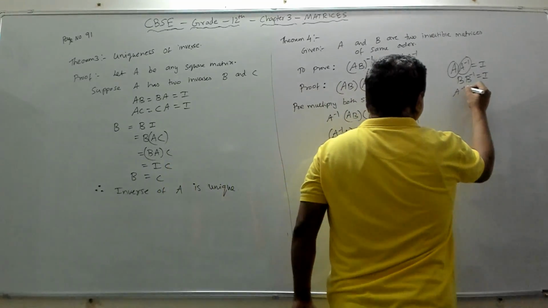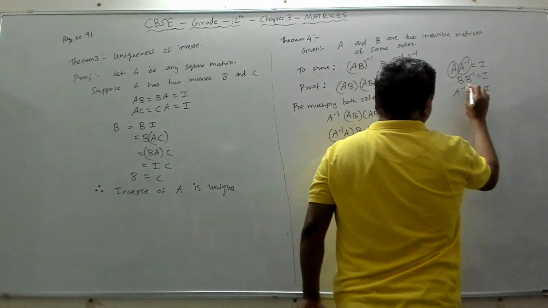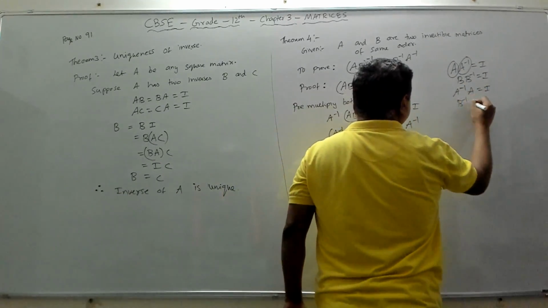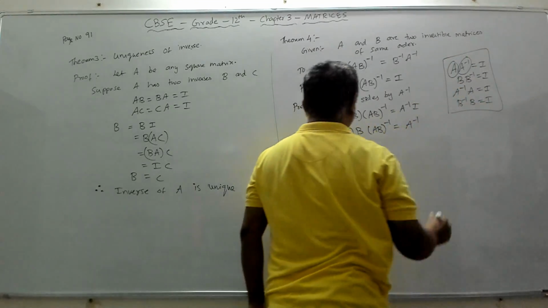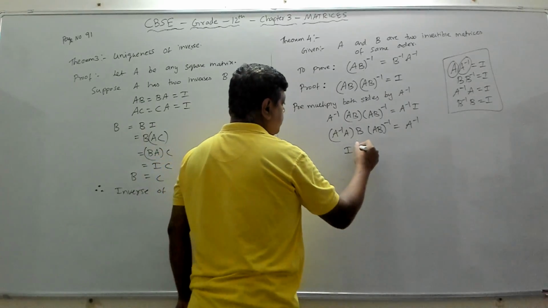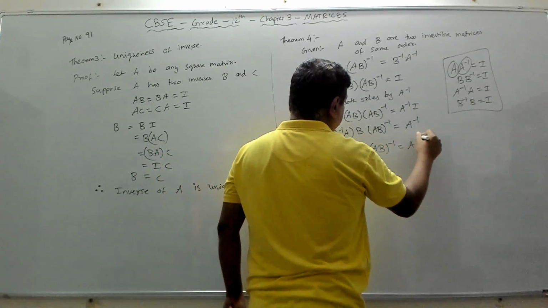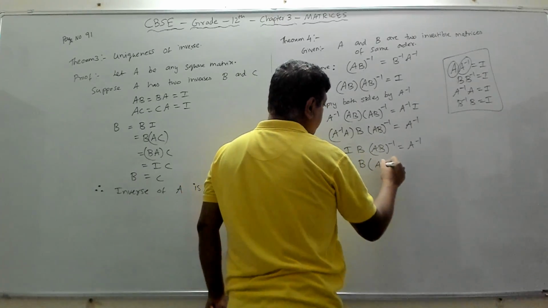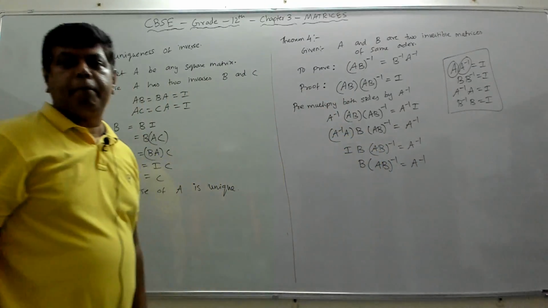A inverse into A is also I. Clear? Or even if you do B inverse into B, that is also I. So A inverse into A is I, into B into AB whole inverse equal to A inverse. Now I into B is B, into AB whole inverse equal to A inverse. Clear?